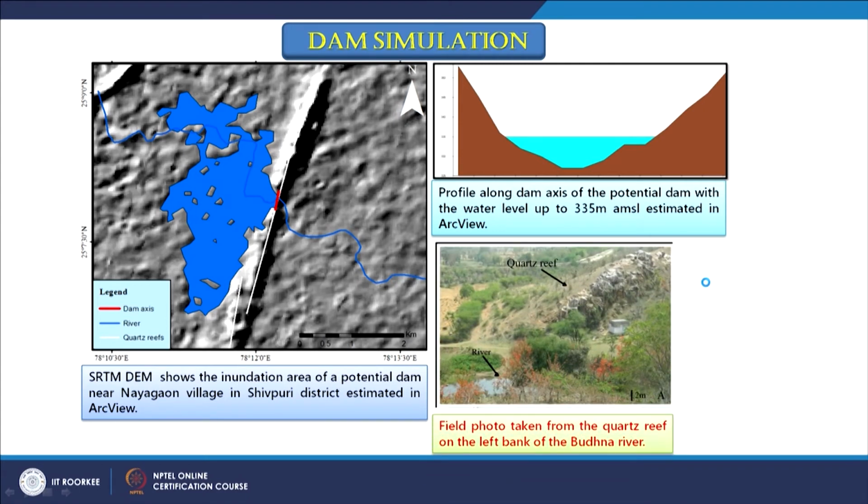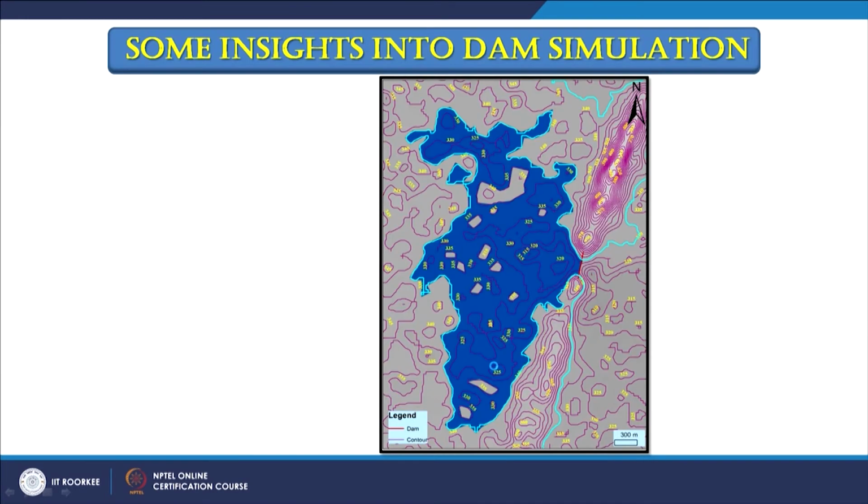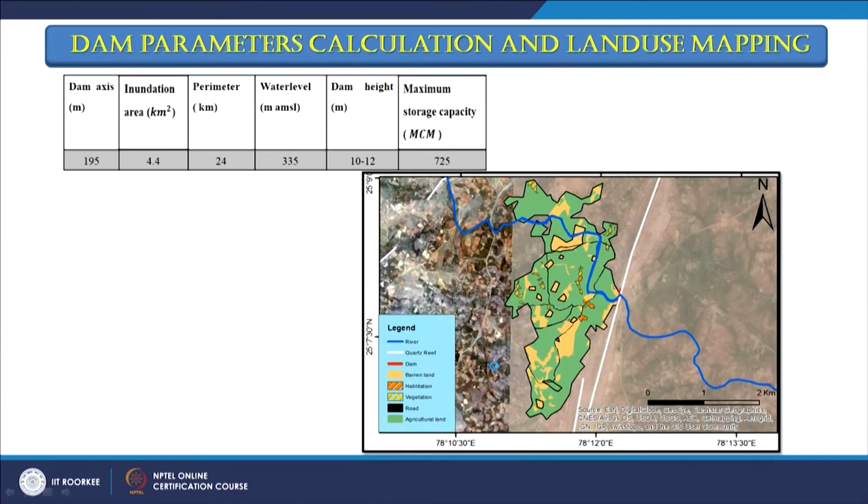This is how it looks more closely on the ground: this is the water you are seeing here, the river, and this is how the quartz reefs look. You can also do a land use analysis, to see which types of land will get inundated if a reservoir is constructed. All things are modeled. Everything is simulated before an appropriate decision is taken.